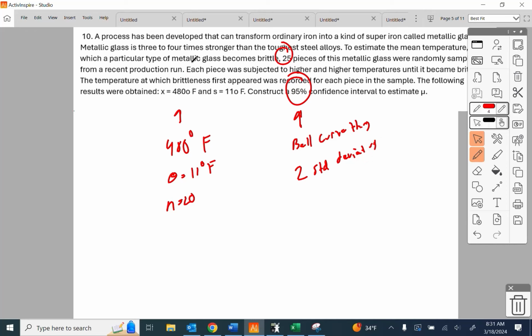My interval is going to be the mean, that should probably say X bar. So 480 plus or minus 2 standard deviations, which was 11, divided by the square root of 25, which is 5. So this is going to be 480 plus or minus 22 over 5.